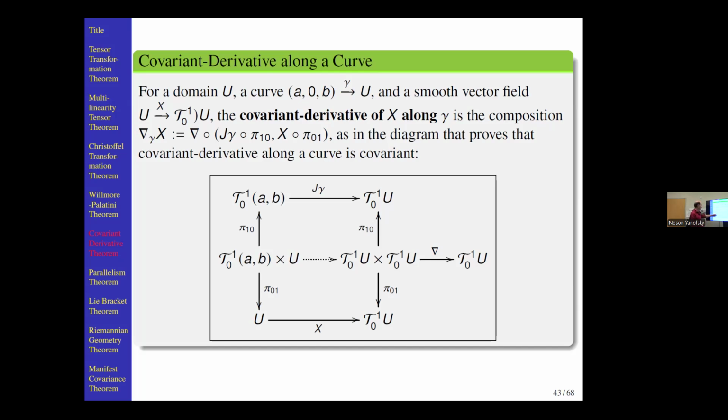So, well, the product now, right? So I have the dotted arrow by category theory, and I can compose that with nabla and get a map from the tangent vectors of the curve and the tangent vectors to the tangent vectors.